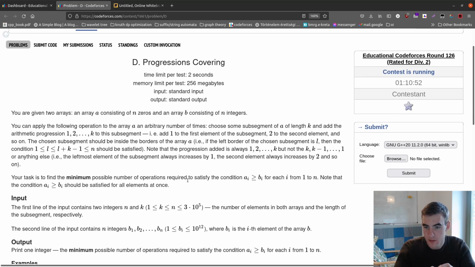Choose some subsegment of A of length k and add the arithmetic progression to this subsegment. Okay? So for some numbers in the one that originally contains zeros, I add numbers 1 to k. The chosen subsegment means contiguous, I guess.